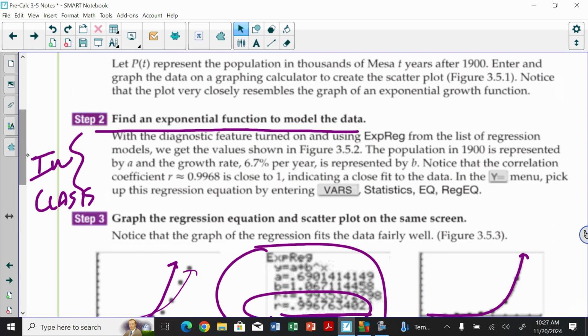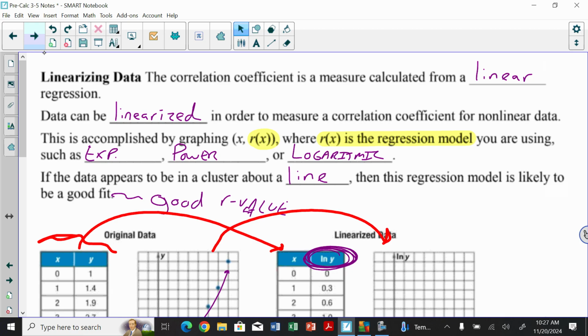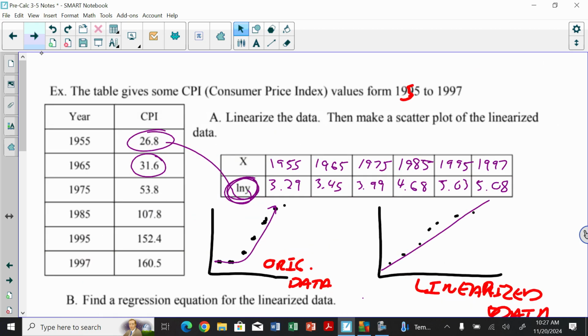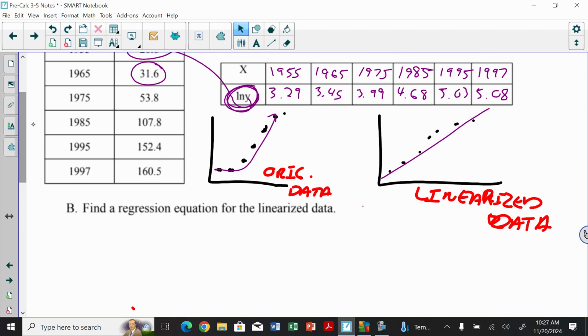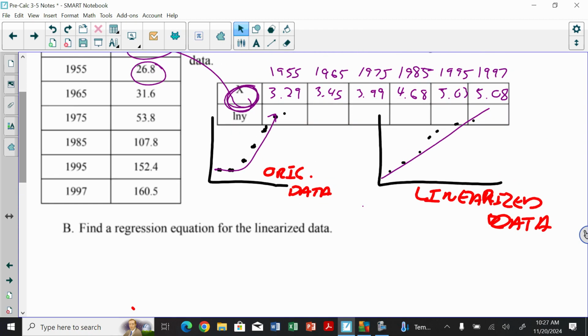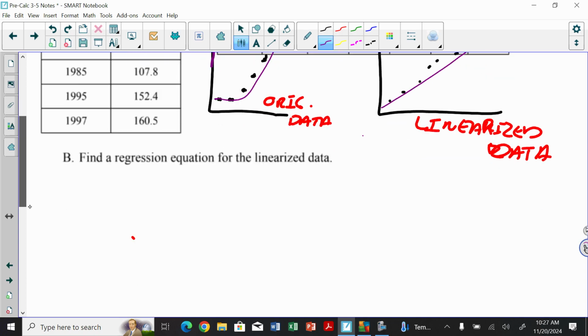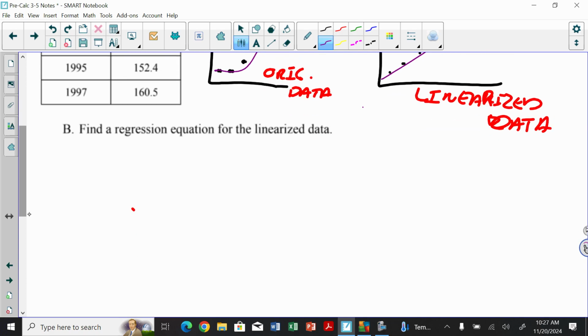Step 2, use some of these functions in the calculator to get a linear equation. So we're taking this data now and plugging it in. And now we'll get a linear equation based on our new data right here. All right, so with that, just saving you the work, because like I said, we'll do some of that in class in the calculator.